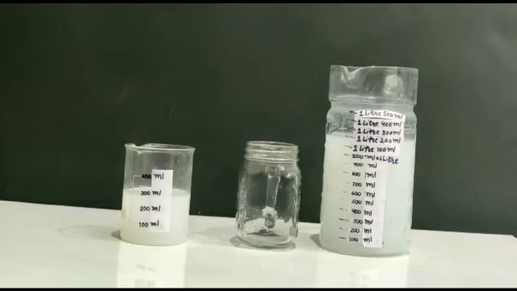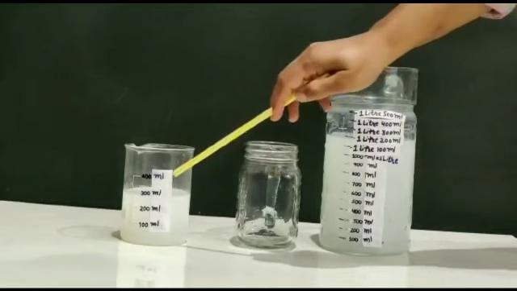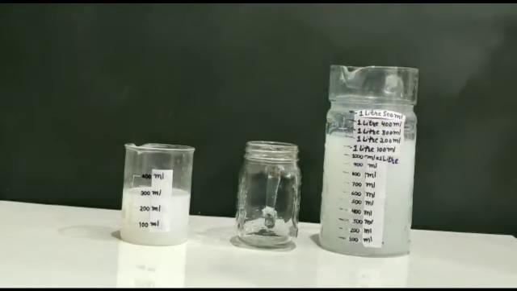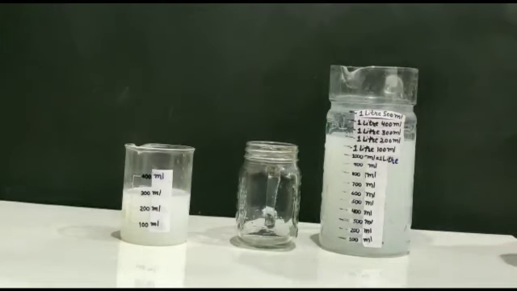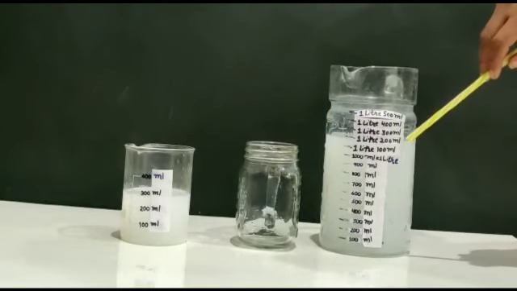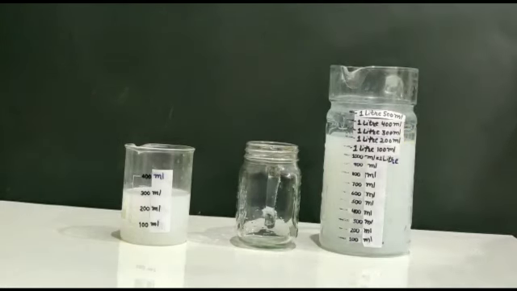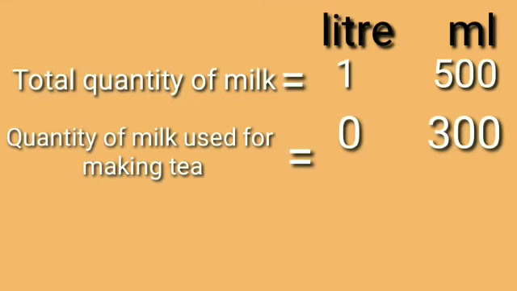Dear students, from the total milk of 1 liter 500 milliliter, she used 300 milliliter of milk to make tea. Now she has 1 liter 200 milliliter milk left in the jug. Now let's see how we can solve this sum in written form.